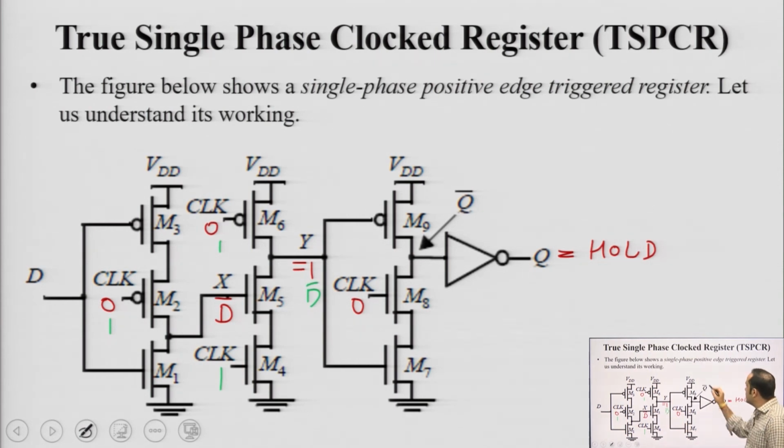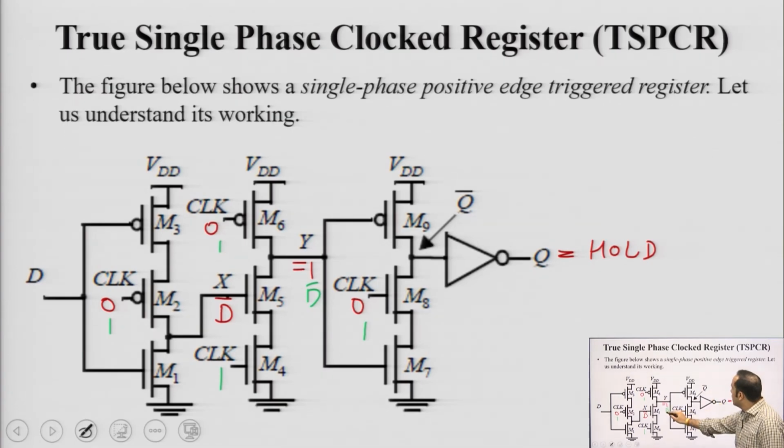and this D bar, now when clock is 1, M8 turns on. If D bar was equal to 0, M9 turns off, and it goes up. If D bar was 1, M7 turns on and it discharges to ground.